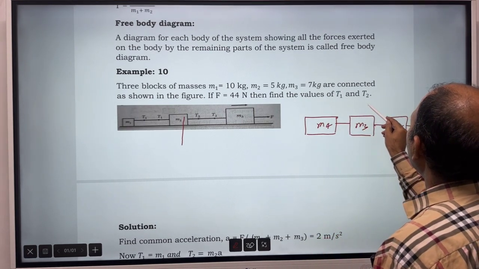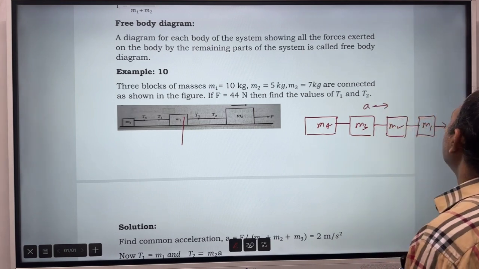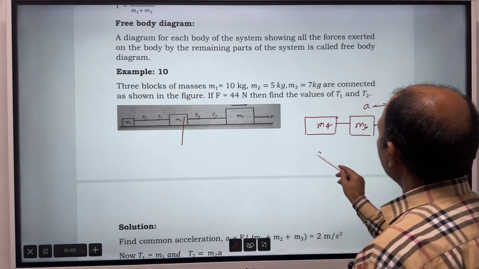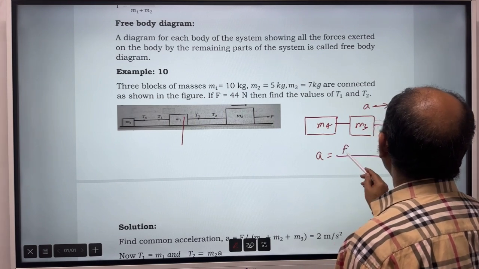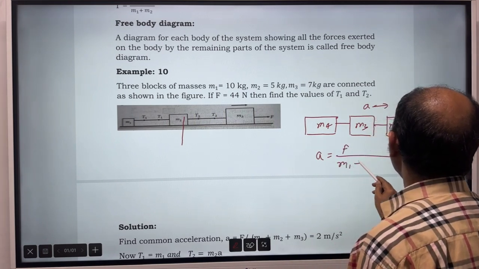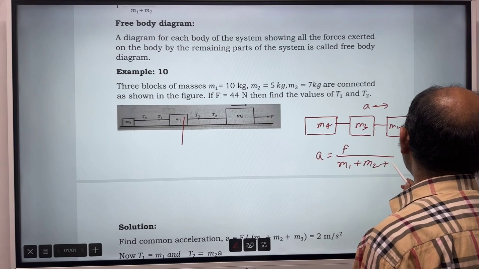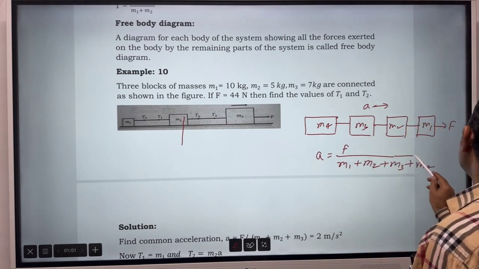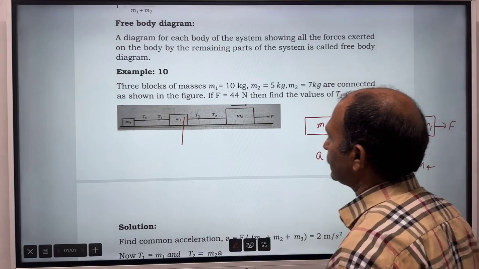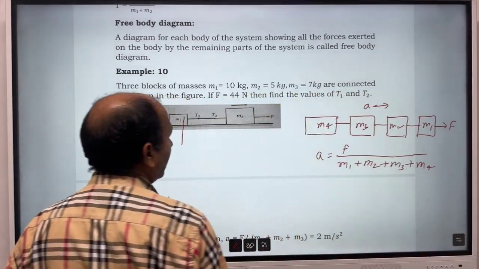Now first of all we have to find out what is common acceleration. So common acceleration will be given by net force divided by total mass, so that is M1 plus M2 plus M3 plus M4. So this is acceleration which is valid for every object.